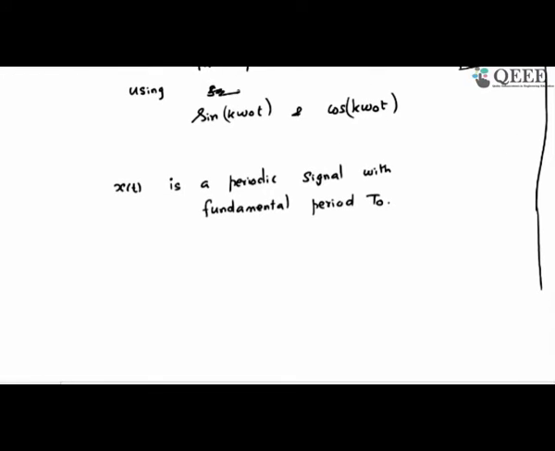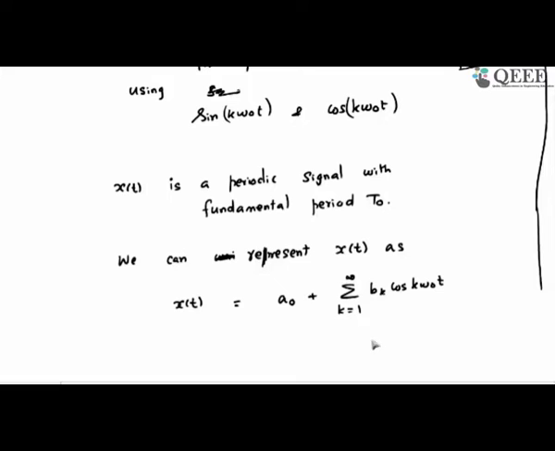Now we can represent x of t as x of t equals a0 plus sigma k equals 1 to infinity bk cos k omega naught t plus sigma k equals 1 to infinity ck sin k omega naught t.